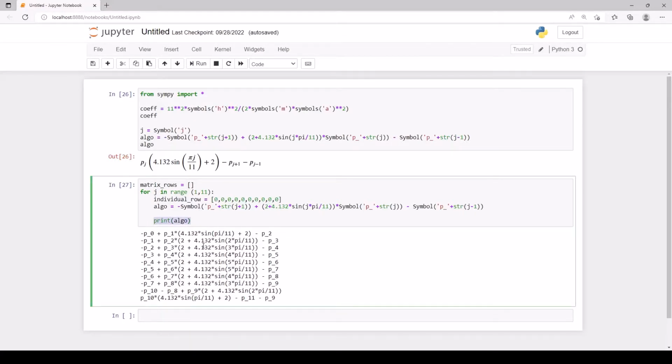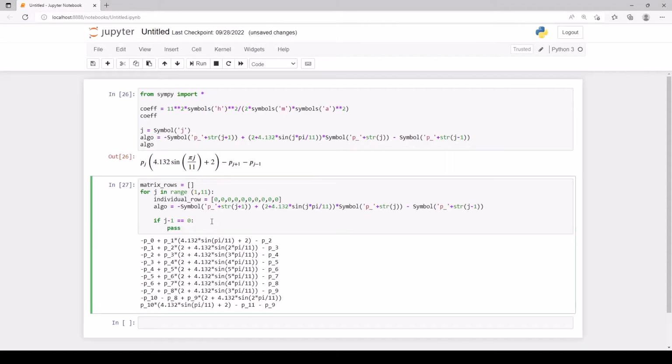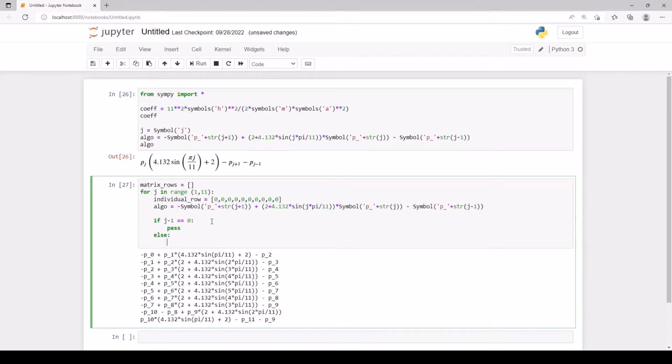So to actually do that, I'm going to say if j minus 1 is equal to 0, so this is basically saying if we have P0, effectively, I'm going to pass. Otherwise, I'm going to change the individual row.